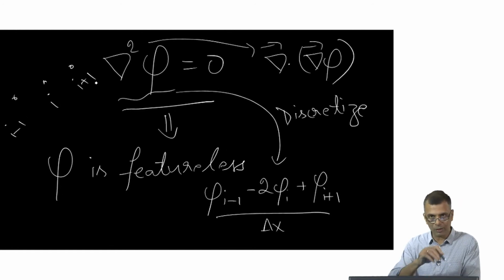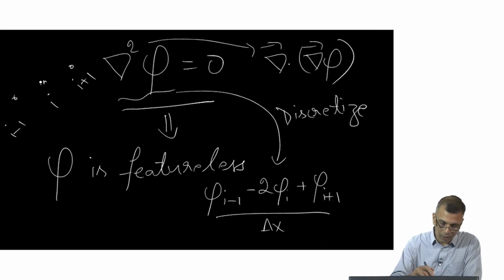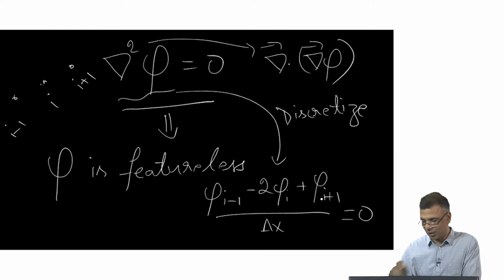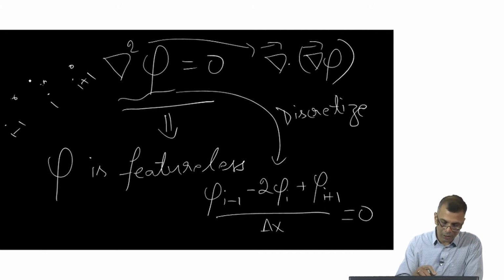You can discretize in the other direction also, but it's not so important for our purposes. If this is equal to 0, the numerator has to be equal to 0, so phi i is really the average of this and that.